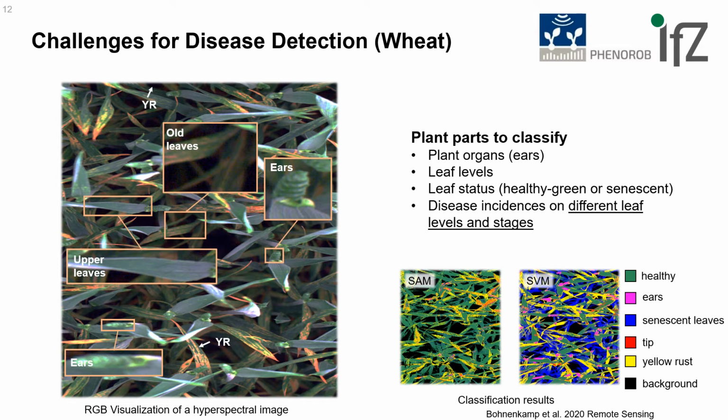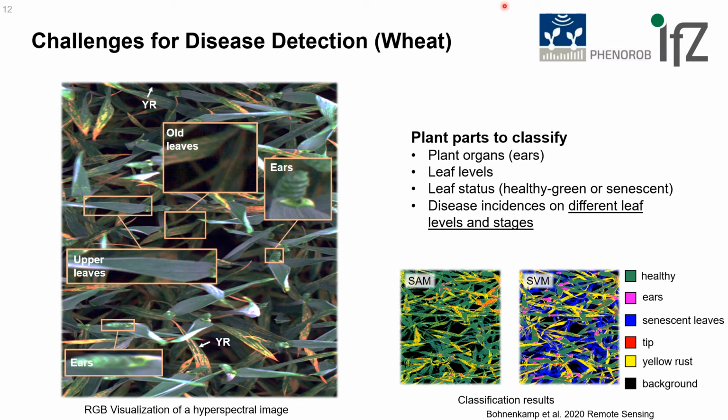But we have to know that there are several challenges when we aim to assess diseases in the field and in complex canopies such as cereal canopies, as is the case for wheat. Looking at the canopy from above, a mixture of information and complex structures of young leaves, older leaves, ears, senescent parts, shadows and mirroring effects, and diseases at different stages occurs.